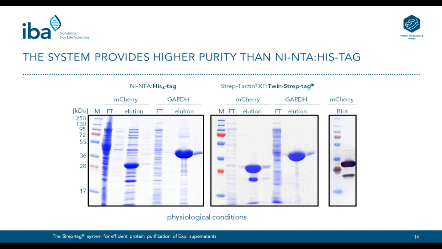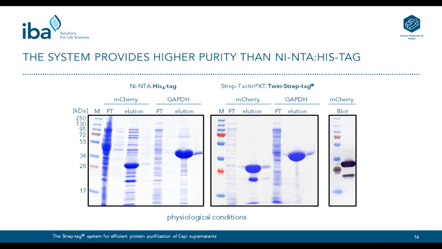In this experiment, we compared the purification of His-tag protein on a nickel NTA column and Strep-Tactin XT purifications using the same proteins fused to a Twin-Strep-tag. So we used mCherry and GAPDH lysates and applied them on a nickel NTA column and then purified them according to the manufacturer's protocol.